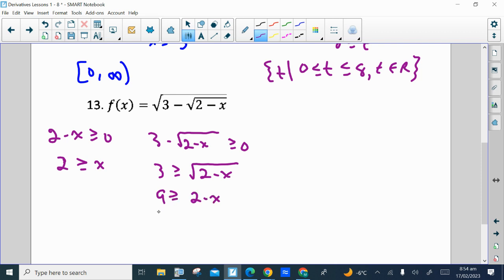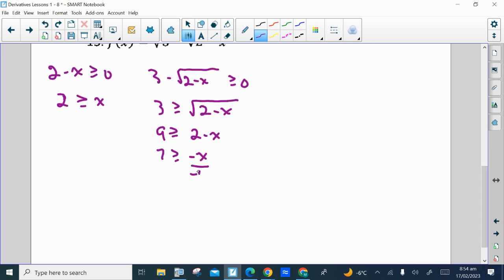If you subtract 2 from both sides, you're going to have 7 greater than or equal to negative x. And now to find out what positive x is, we would divide both sides by negative 1. And now if you multiply or divide by a negative, the inequality reverses. So instead of having negative x less than or equal to 7, we would say x is greater than or equal to negative 7. And once again, these two statements can combine into one.